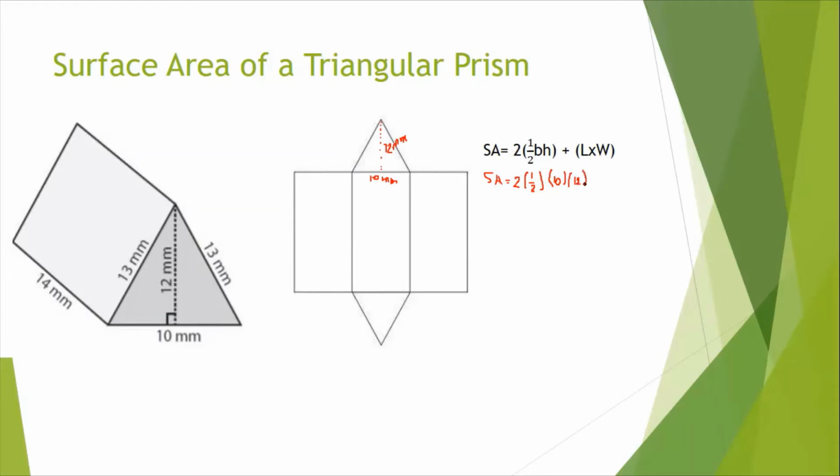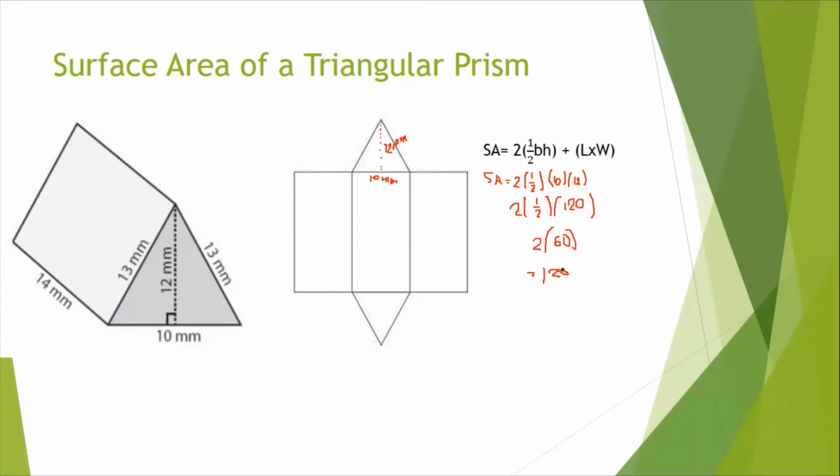The next thing we will do is multiply 10 times 12. 10 times 12 is 120. What's the half of 120? That is 60. Then 60 times the 2 here, 60 times 2, is 120.